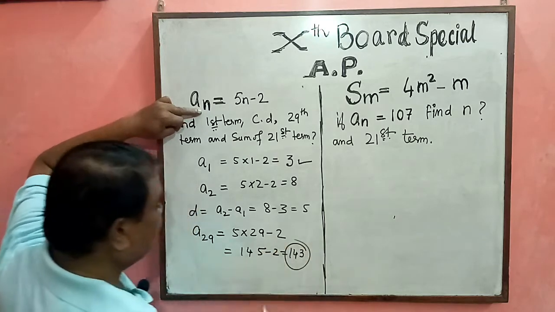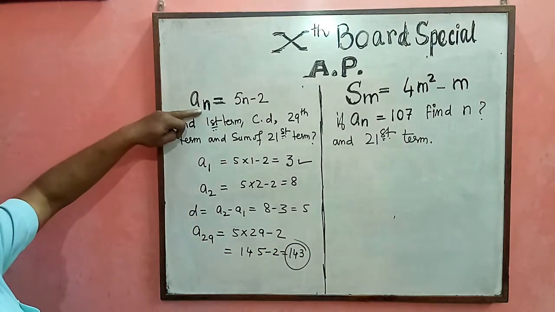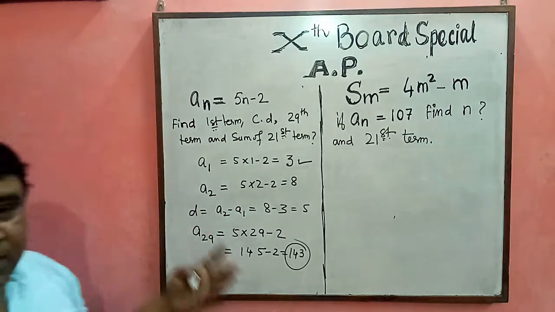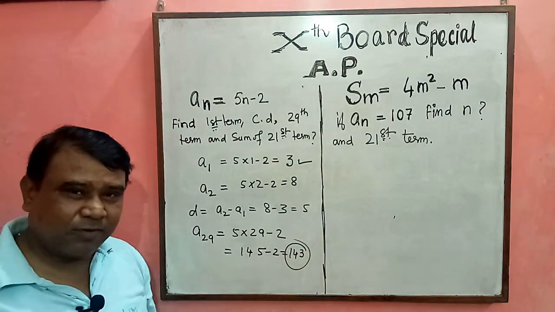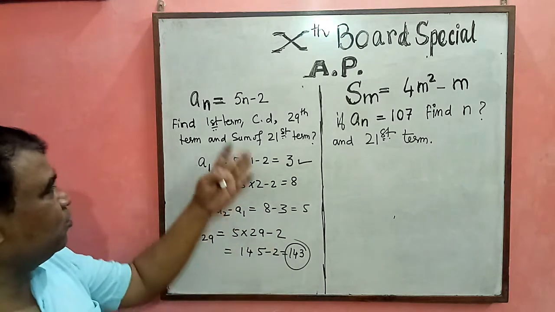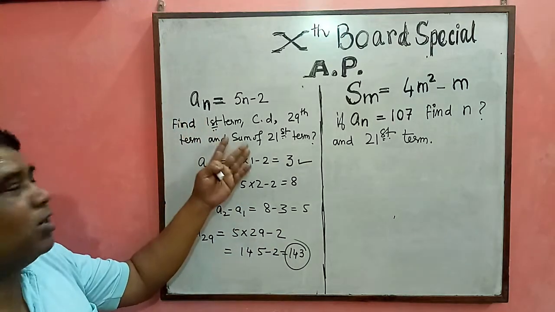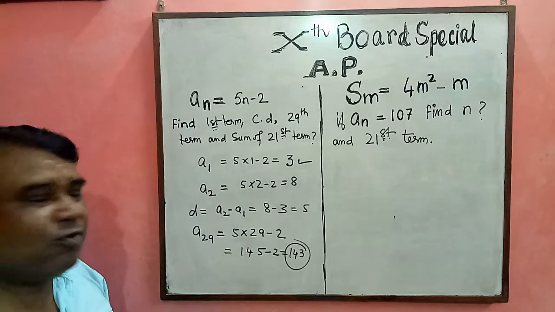This is the 29th term. So, nth term given, to find any term is not very difficult because you change n according to the number of terms you are asked to find.